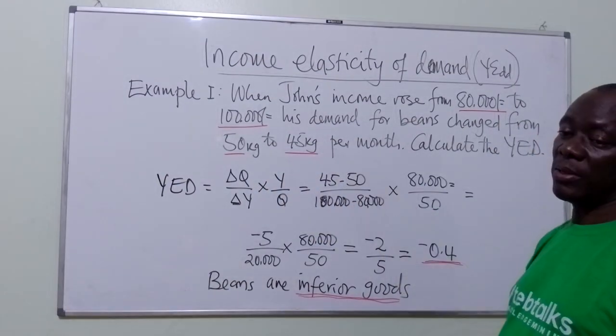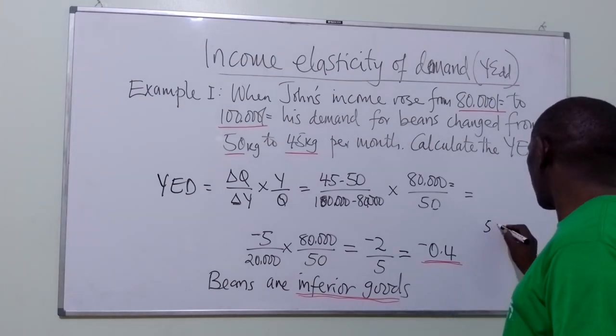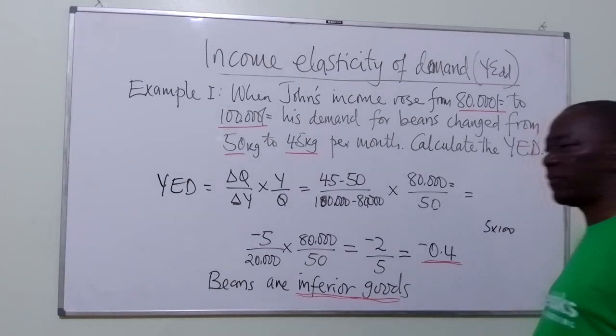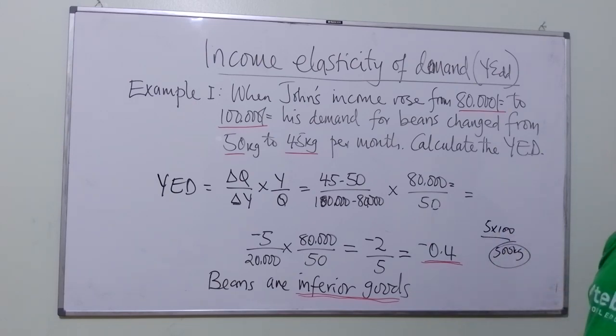That means if this one is a family and there are 100 families, you're going to have 5 kilograms reduced from 100 families. And that means you're going to have 500 kilograms not sold. People selling beans are going to lose that income.